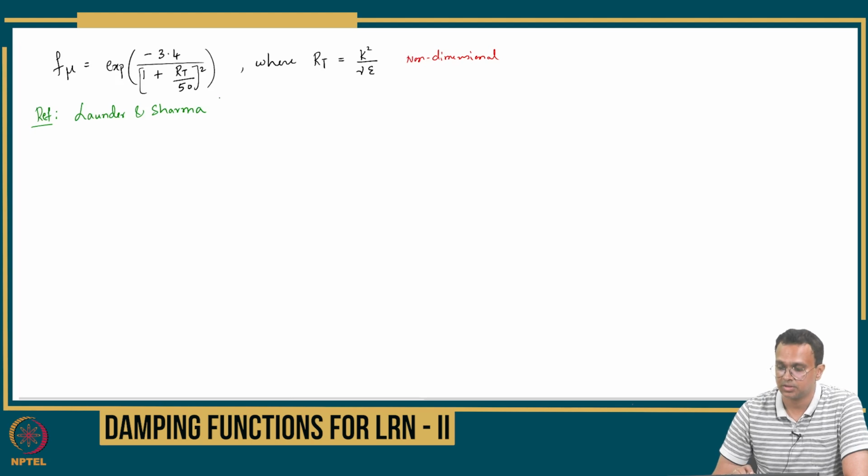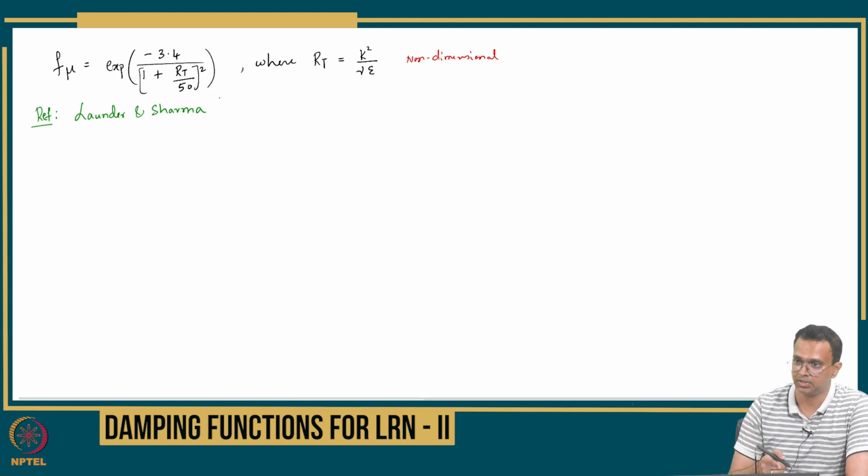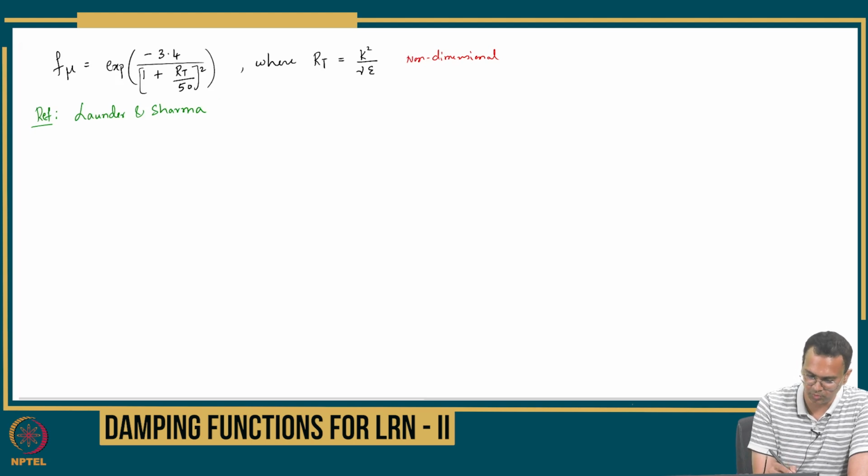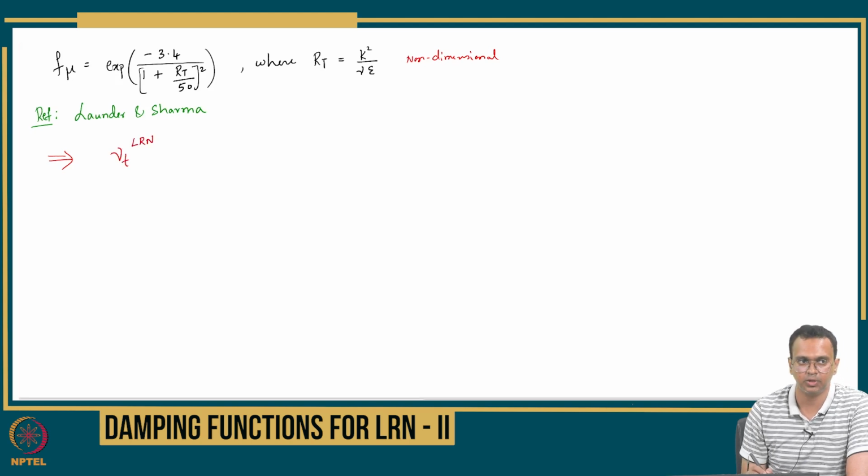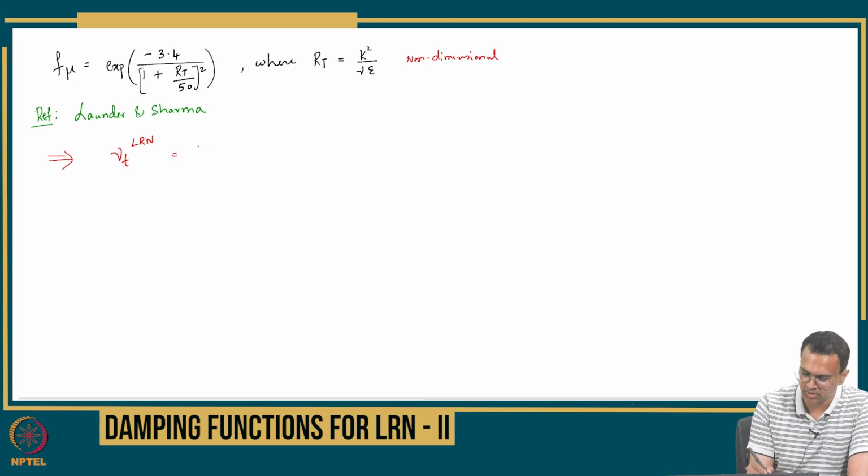Okay, so this particular thing can be introduced, and where do we introduce? In the eddy viscosity. So what that means is that eddy viscosity mu T LRN must be introduced, which is f mu C mu k square by epsilon.